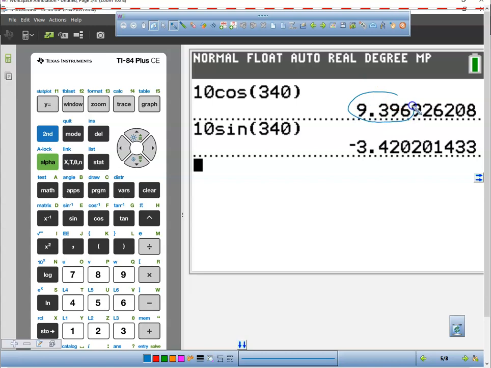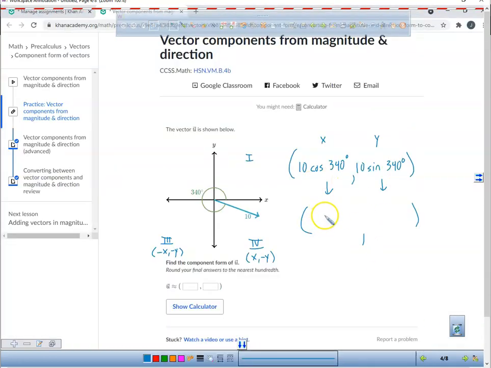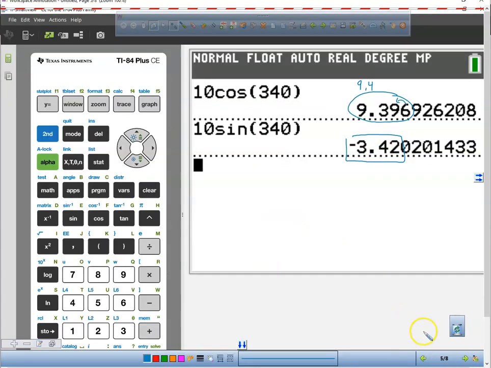Oh, got to be careful here. What do I need to make my cosine? 9.4, because that's rounding that 9 higher. This one just keeps it at what? Negative 3.42. So I got to put a 9.4, and over here I got to do a negative 3.42.